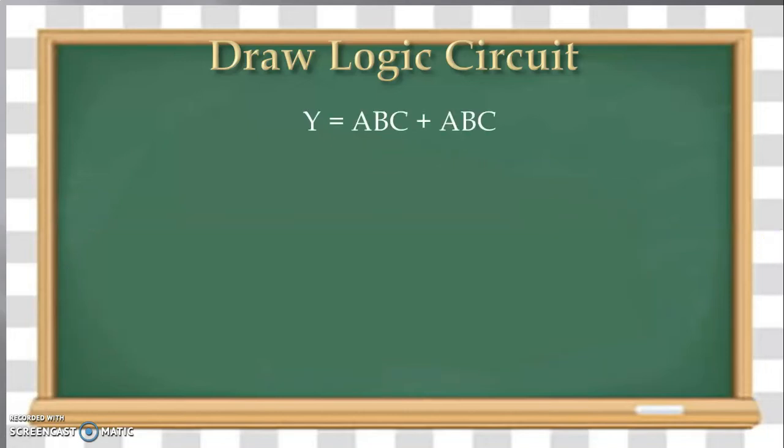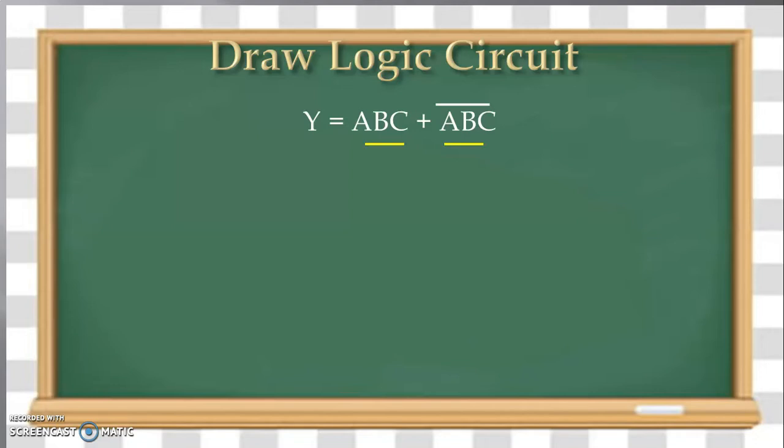The given Boolean equation is y is equal to abc plus abc whole bar. So again we have two terms, the first term is abc, a dot b dot c, and the second term is again a dot b dot c, but it has a whole bar, so the complement of abc.